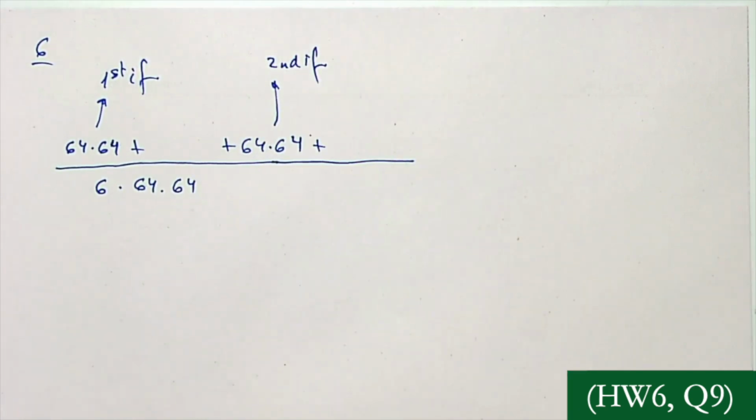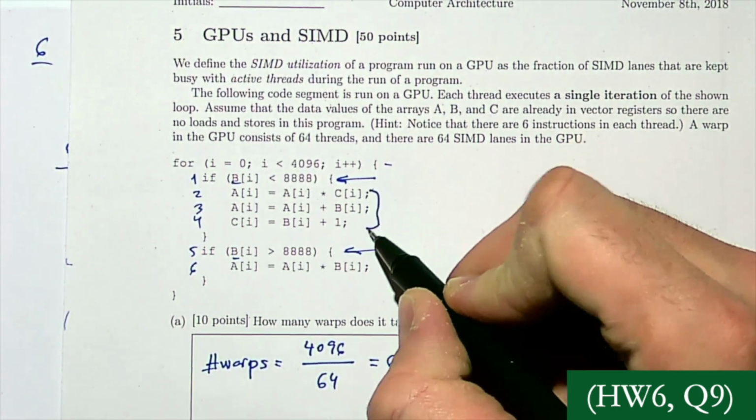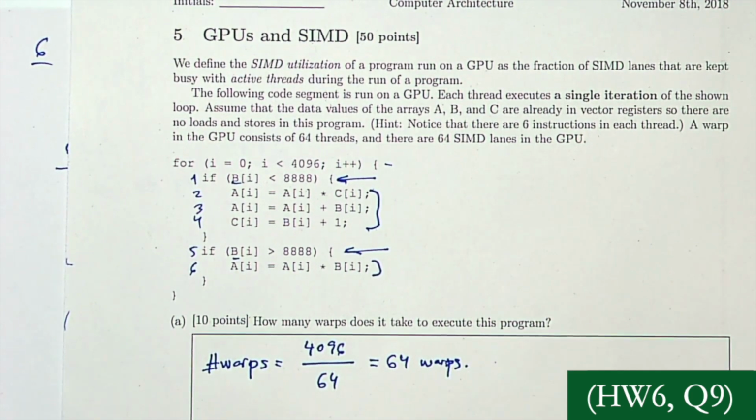Okay? And what about the other instructions? The other instructions are these 3 and this 1. We don't know that, right? We don't know how many threads are actually executing these 3 instructions, but it is likely that not all the threads inside the same warp execute the same instructions, right?